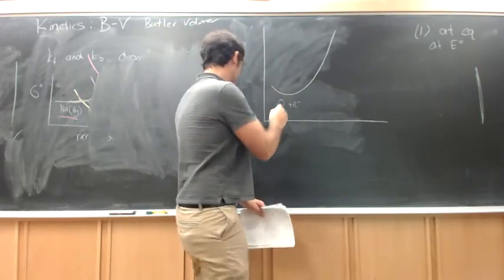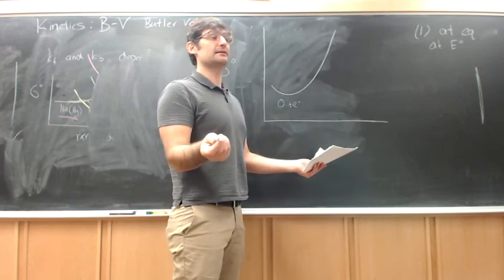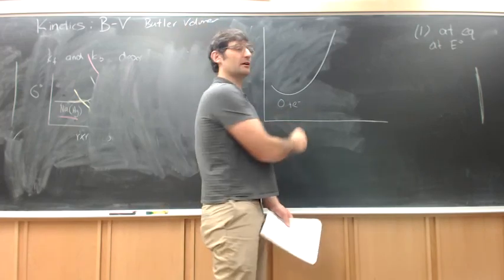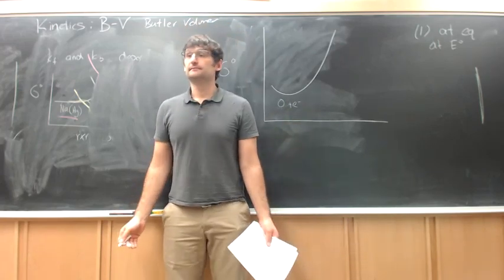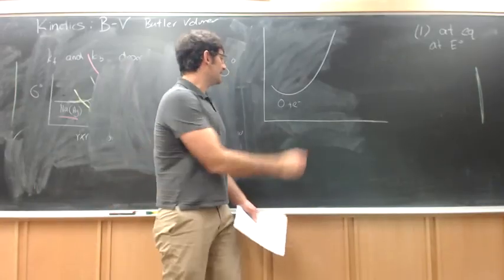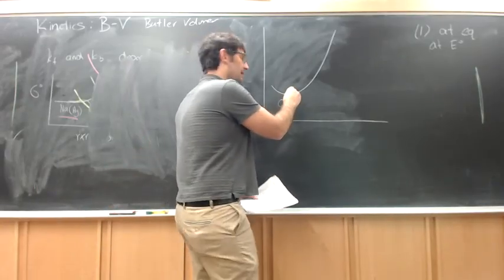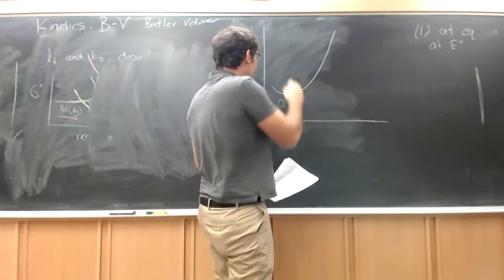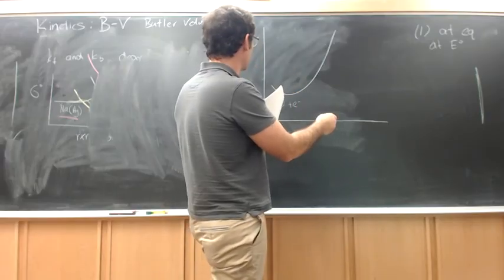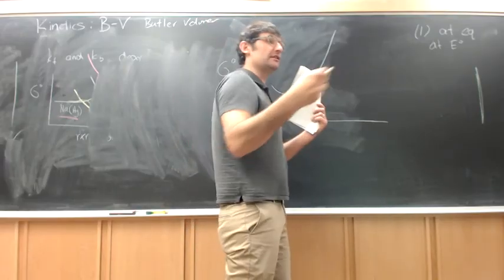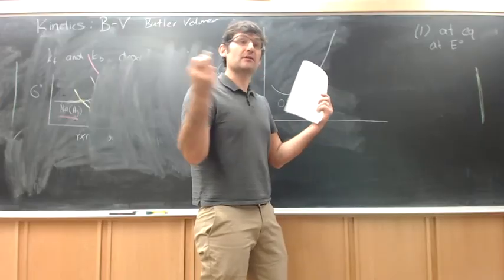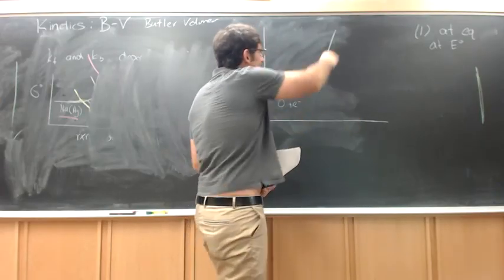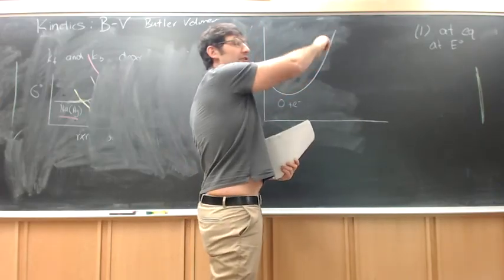So the system is O in solution, the oxidized species in solution, plus an electron sitting in my electrode. Right, that's my system here, and this is the free energy of that system. Okay? And I can perturb it, like if I push O right next to the electrode surface, if I start transferring the electron over the interface, the system's going to have some different energy. There's all these degrees of freedom.